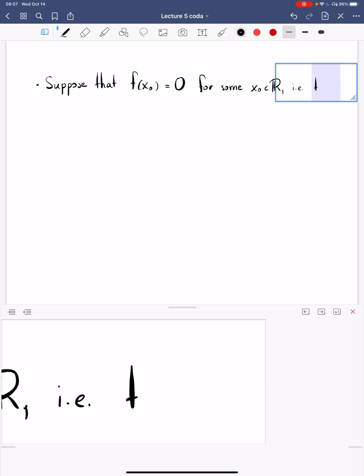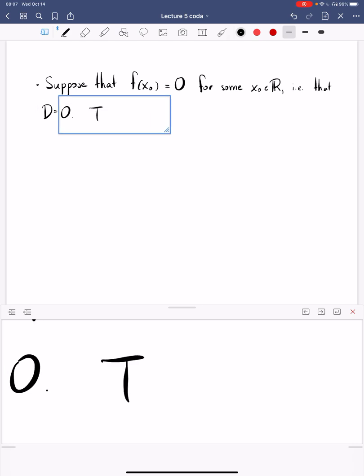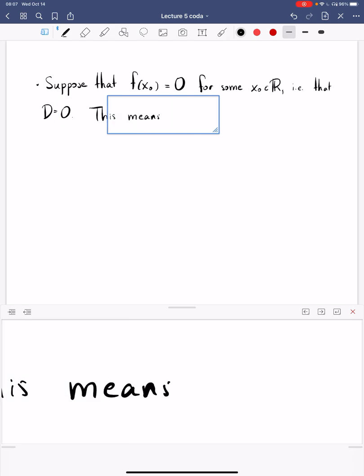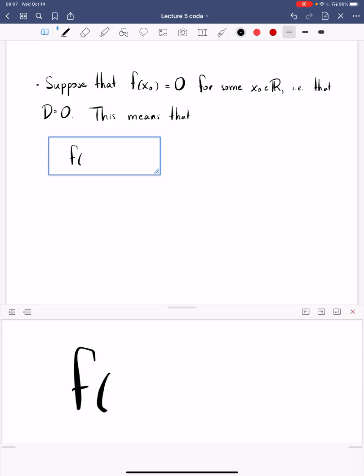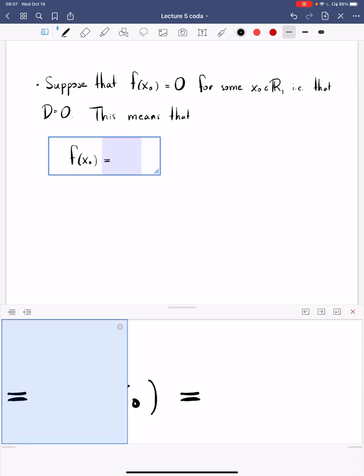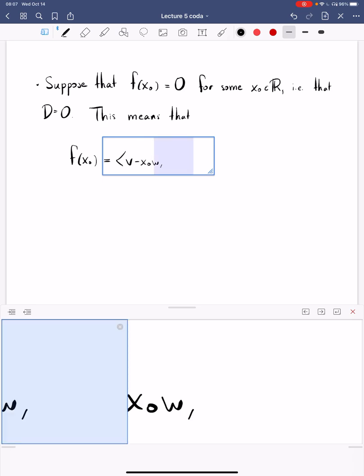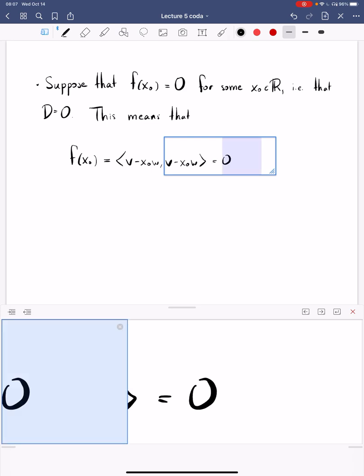I.e. that the discriminant in this quadratic equation is equal to 0. This means that f of x0, which is by definition equal to the scalar product of v minus x0w with v minus x0w, is equal to 0.